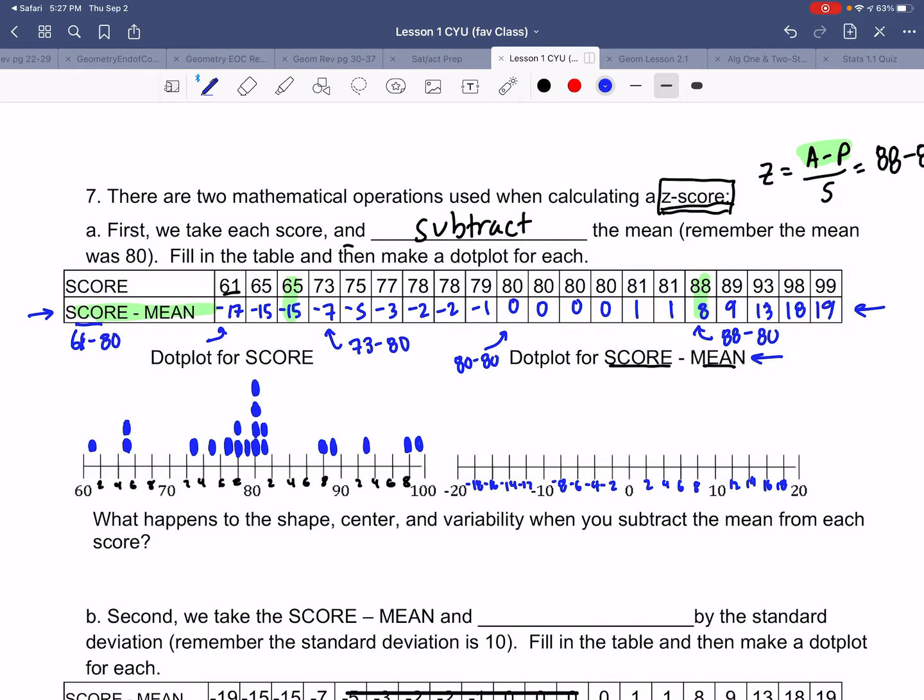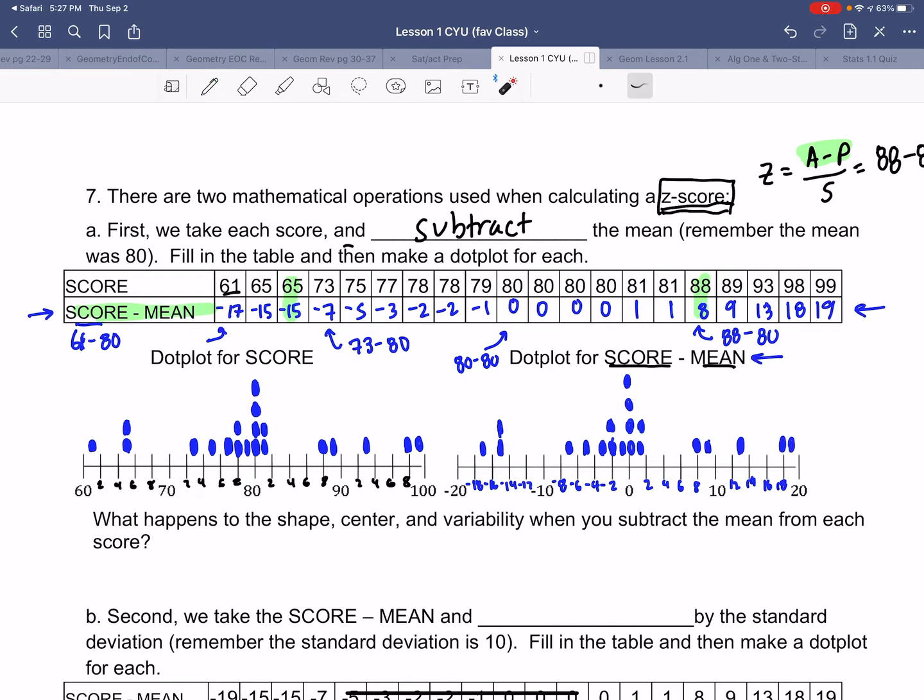So now let's do that. They asked me to graph negative 17, negative 15, negative 15, negative 7, negative 5, negative 3, negative 2, negative 2, negative 1, 0. 4 times in a row we got 0. Positive 1, positive 8, positive 9, positive 13, 18, and 19.